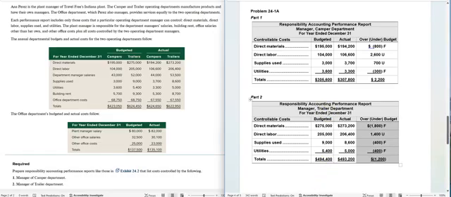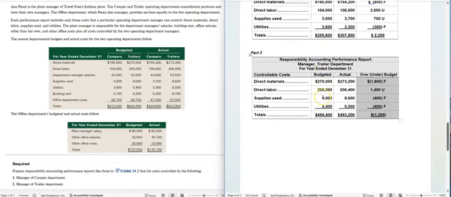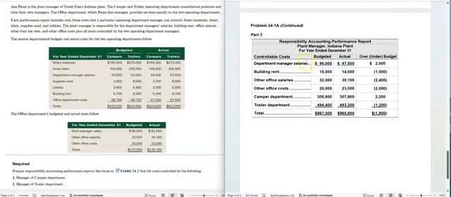Then Anna is going to be held accountable by her superior, which is probably somebody in the region, the regional director. So when we're evaluating the plant manager's performance, we're going to include things that the plant manager has control over, which are department manager salaries, building rent, office salaries other than her own, and all other office costs, plus the cost incurred by the two operating departments.